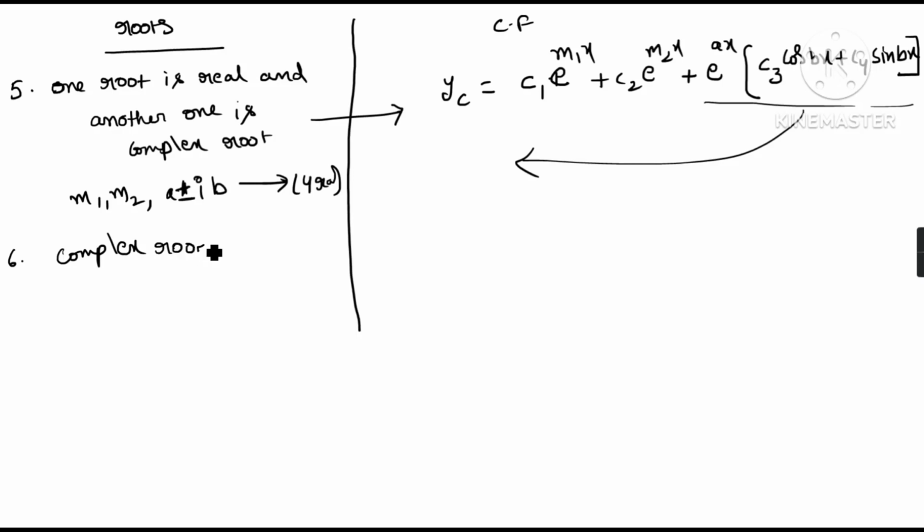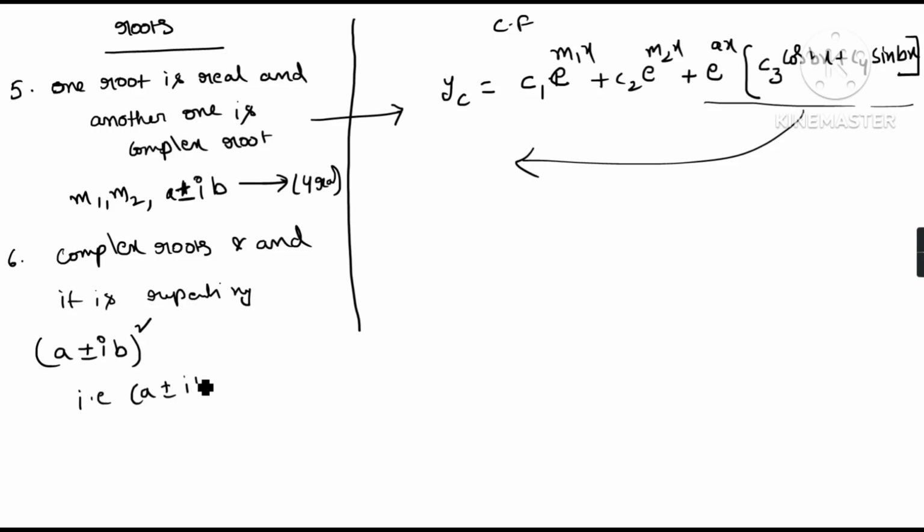Now sixth one is, if the complex roots are repeated, that means (a plus or minus ib) whole square. That is a plus or minus ib, a plus or minus ib. So total how many roots we have? 4 roots here. So how to write the complementary function?